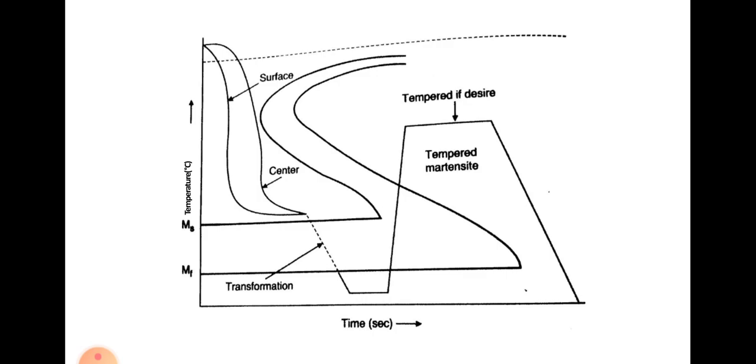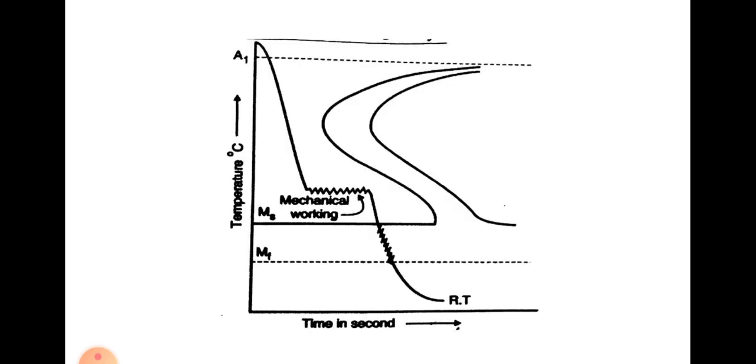After cooling, if mechanical work such as forging occurs, then martensite formation occurs, and that is the martempering process.